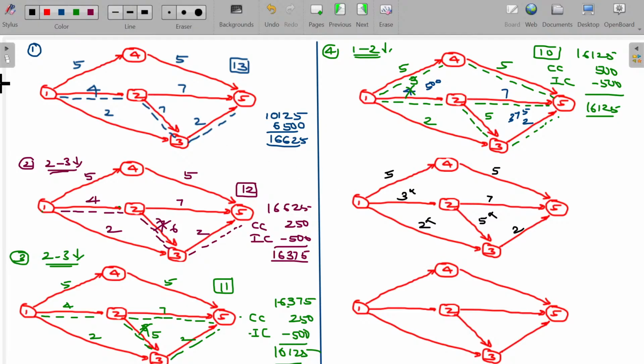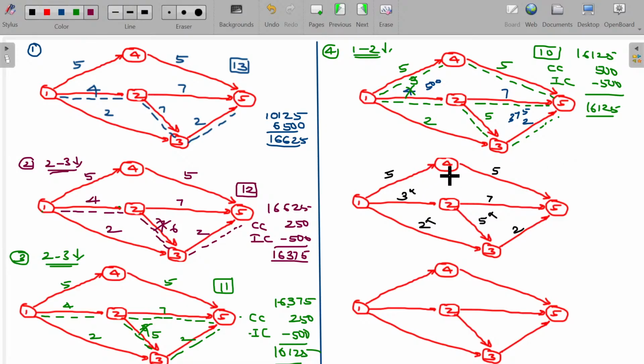Now, what is the option you are going to consider? As 3, 1 to 2, 1 to 3, 2 to 3 cannot be reduced. 3 to 5 can be reduced. Now, can I reduce the 10 to 9?